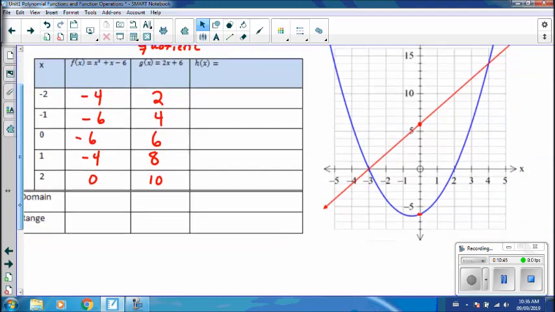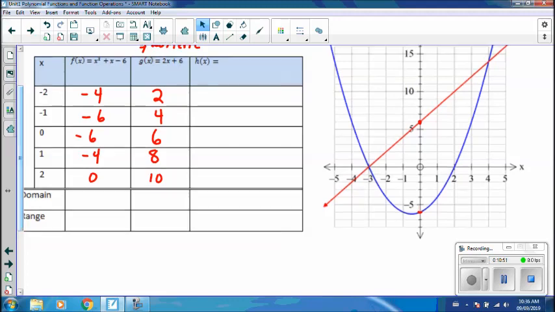And then the domain for f of x for our parabola is x is an element of the real numbers. And for the red line, g of x, same thing. So just pop that in there. All right.